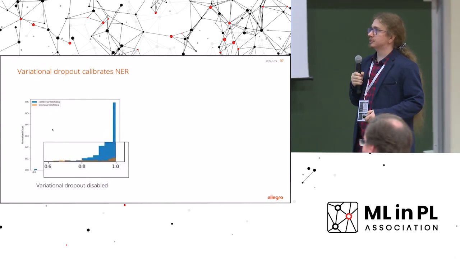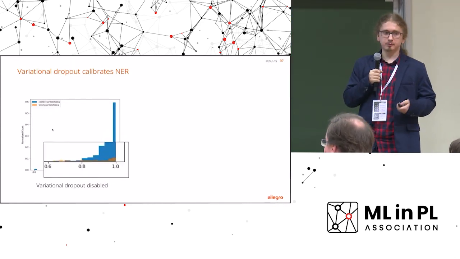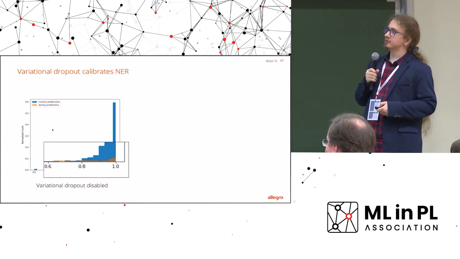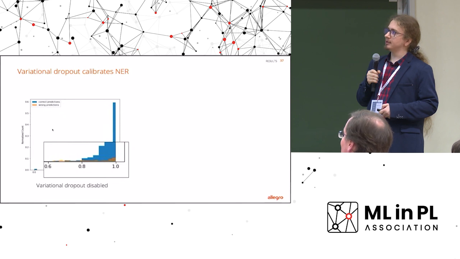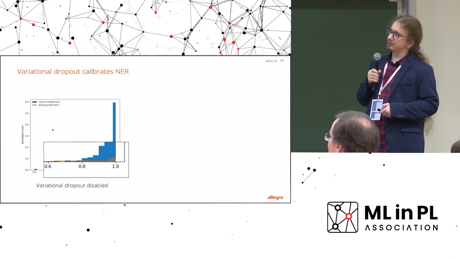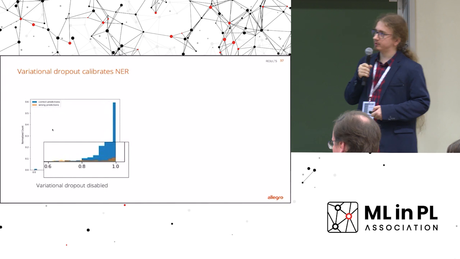So if we were aiming for some level of precision, we would have to set a very high cutoff on probability to achieve that precision. And you can also see that in general, the most wrong predictions are also in this high probability region. So this is obviously not desirable for us.